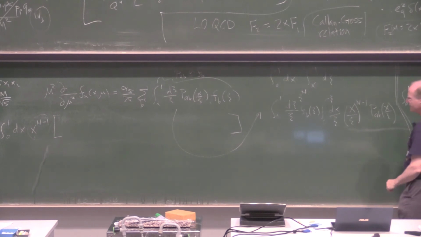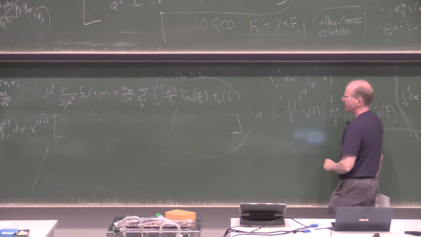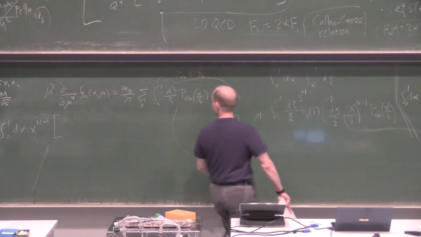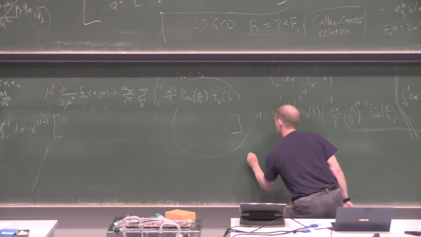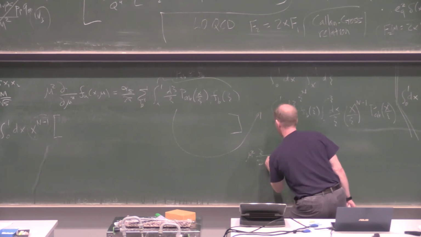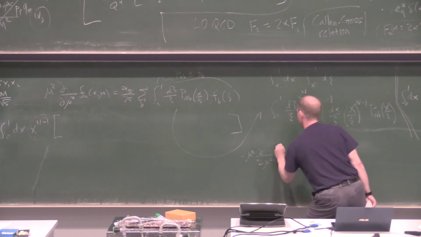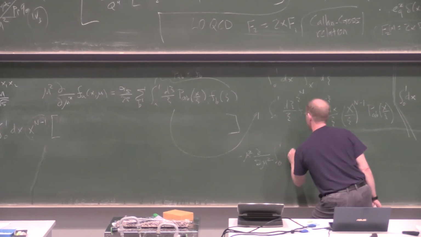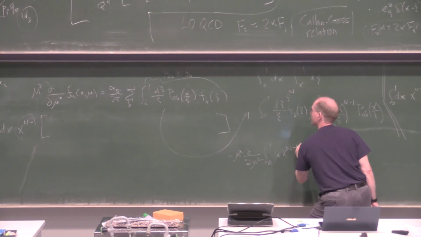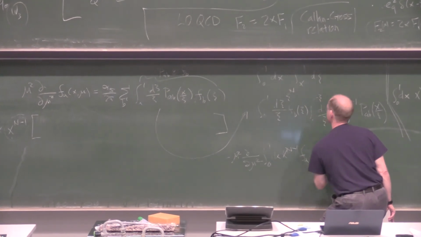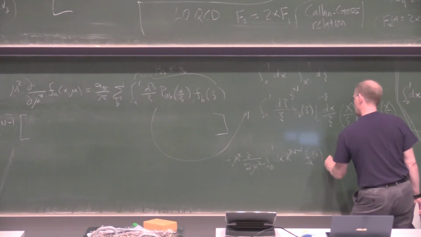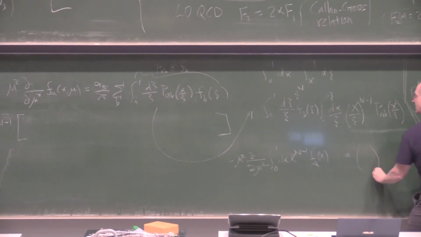But now you see that on the left-hand side, we had mu squared d by d mu squared of the integral 0 to 1 dx x to the n minus 1 of fa. And on the right-hand side, we have some factors.